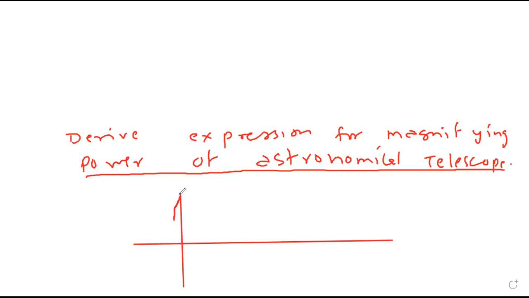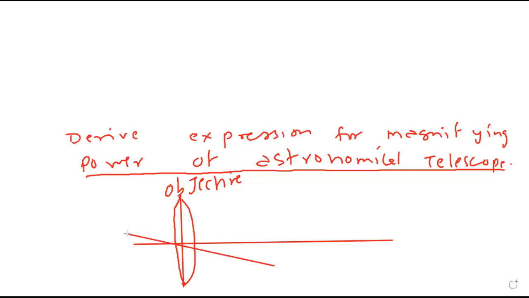So this is the objective. The object is at a very far distance, therefore rays will be almost parallel to each other, making a very small angle with the principal axis.